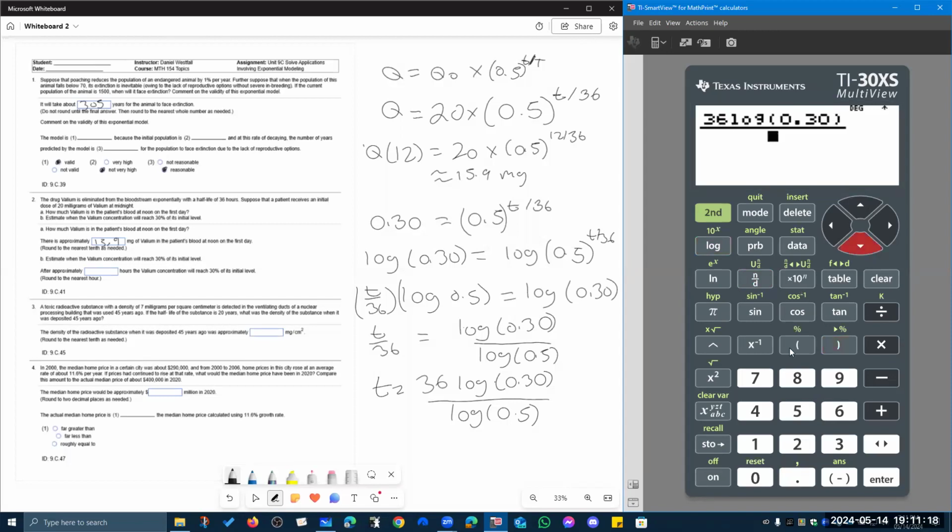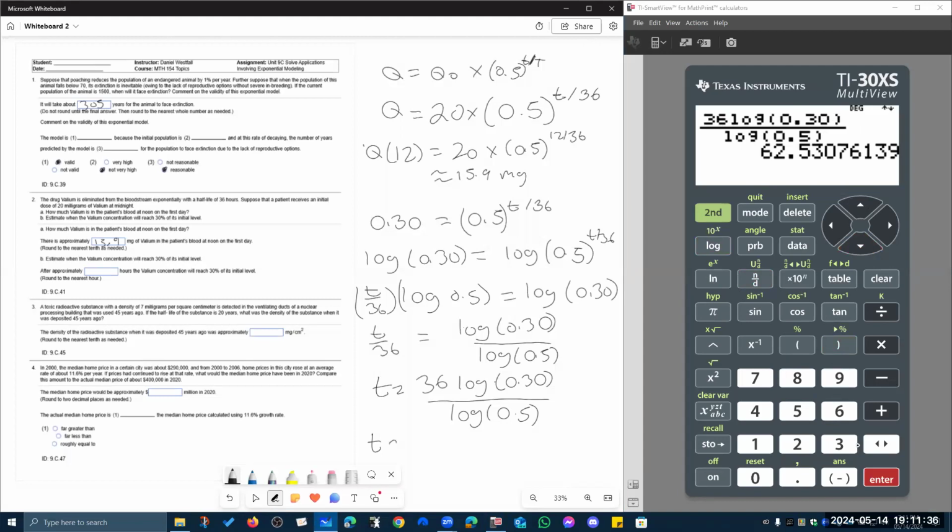The calculator understands multiplication there if I put a number next to the log symbol, and then log of 0.5, and t is going to be equal to 62.5 something. We want to round up to a whole number of hours. So it's about 63 hours later.